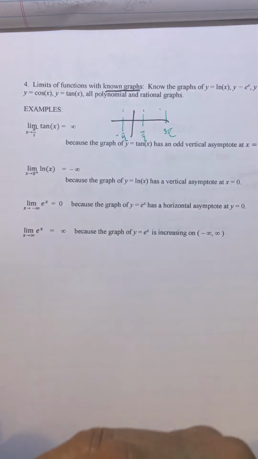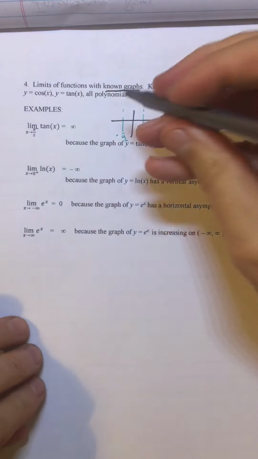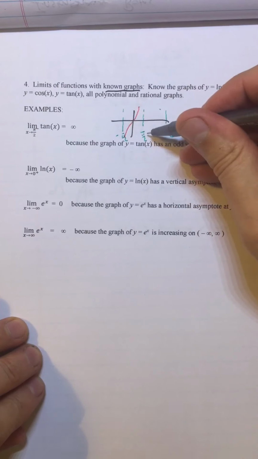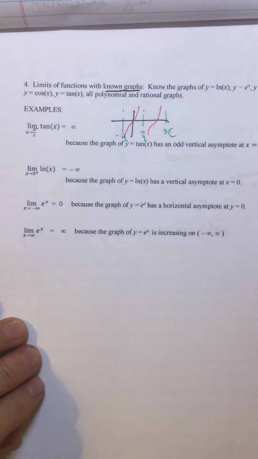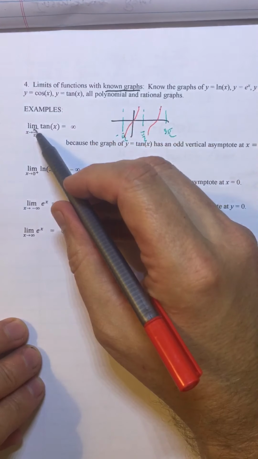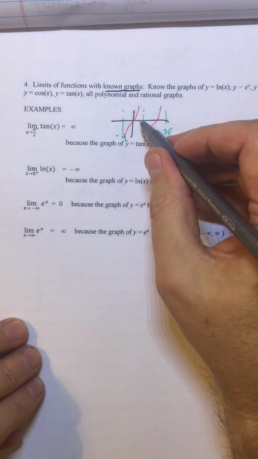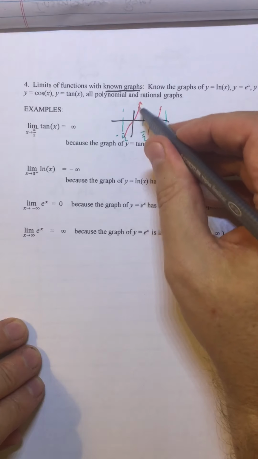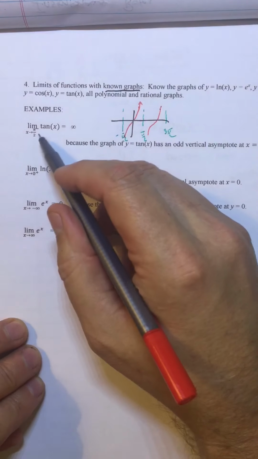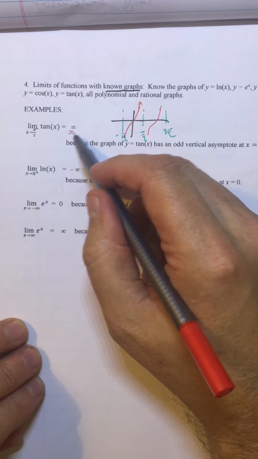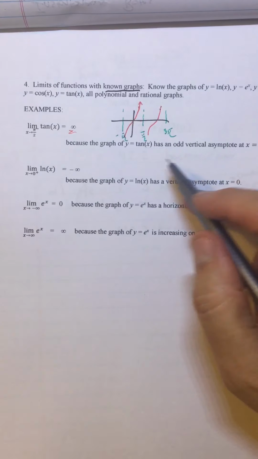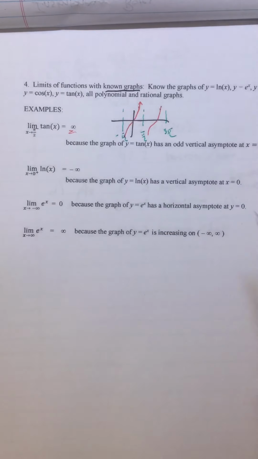This is a graph you're just supposed to know. This graph goes like this. I'm interested in pi/2. I'm approaching pi/2 from the left. So as I approach pi/2 from the left, my y values are going up to infinity. This is a one-sided limit, so it equals infinity, because the graph y equals tangent x has an odd vertical asymptote.